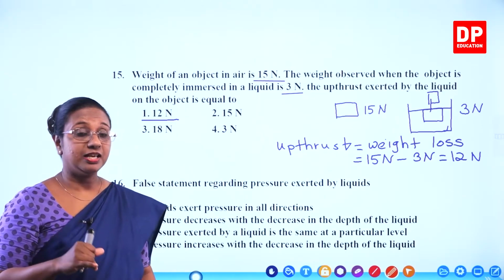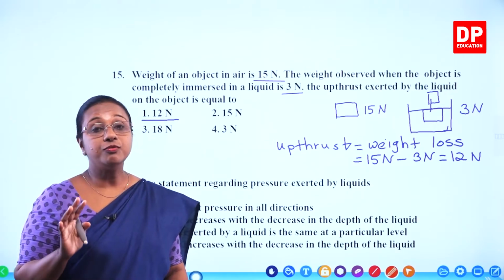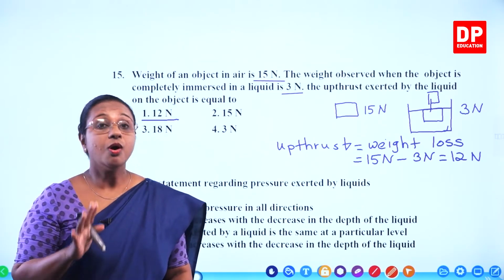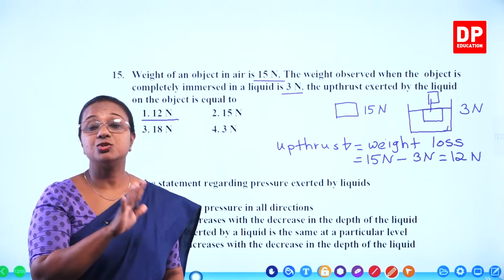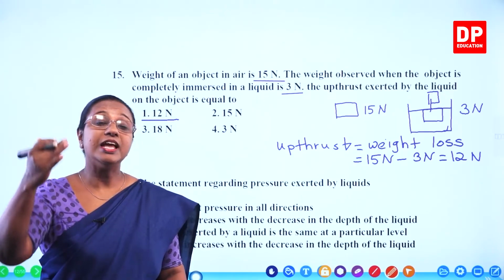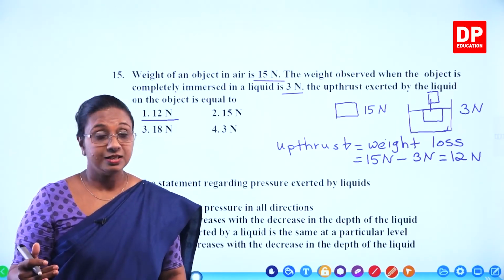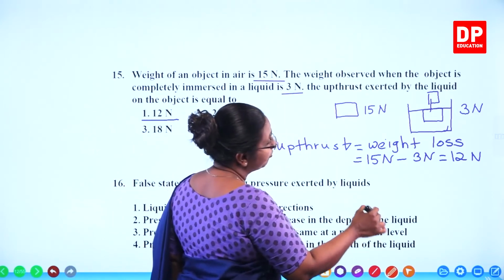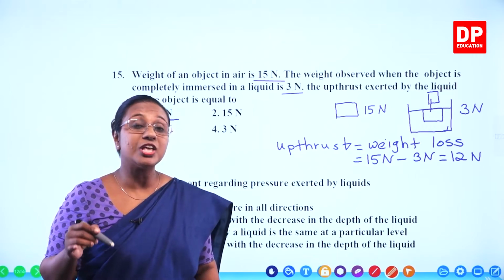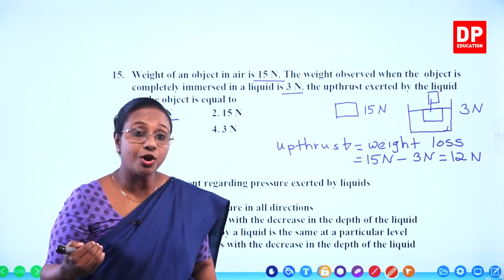If an object is completely or fully immersed in a liquid and is floating on its own, obviously the weight has to be equal to the upthrust. If the weight is more, then the object will sink. Why? The downward force is greater than the upward force. So there is a resultant force acting downwards which will pull the object down.